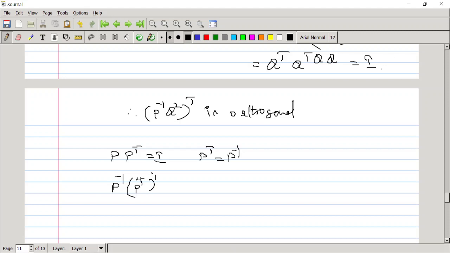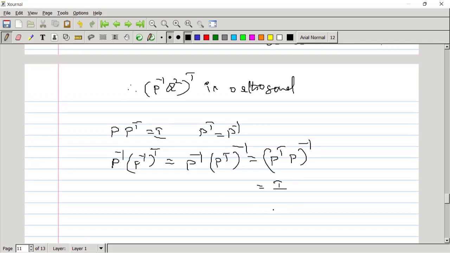This is P inverse times P transpose whole inverse, which can be written as P transpose into P whole inverse. This is nothing but I. Yes, correct. Thank you, sir.